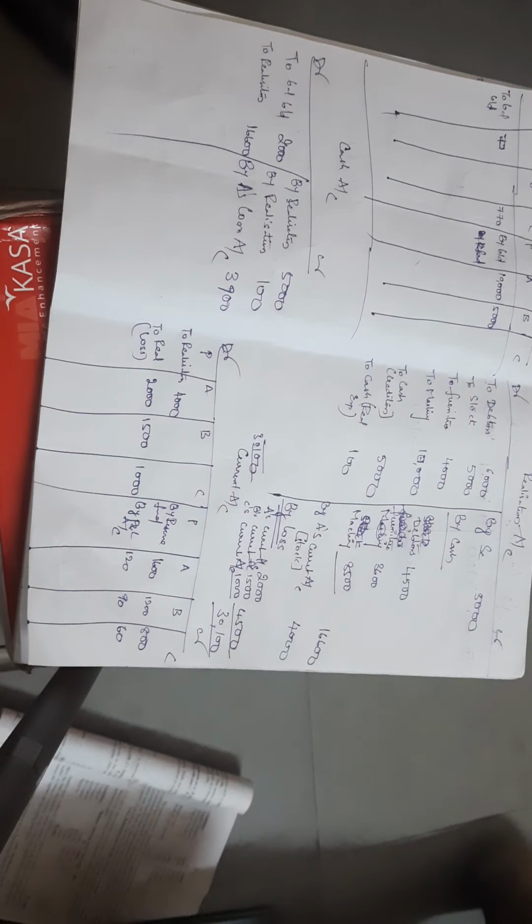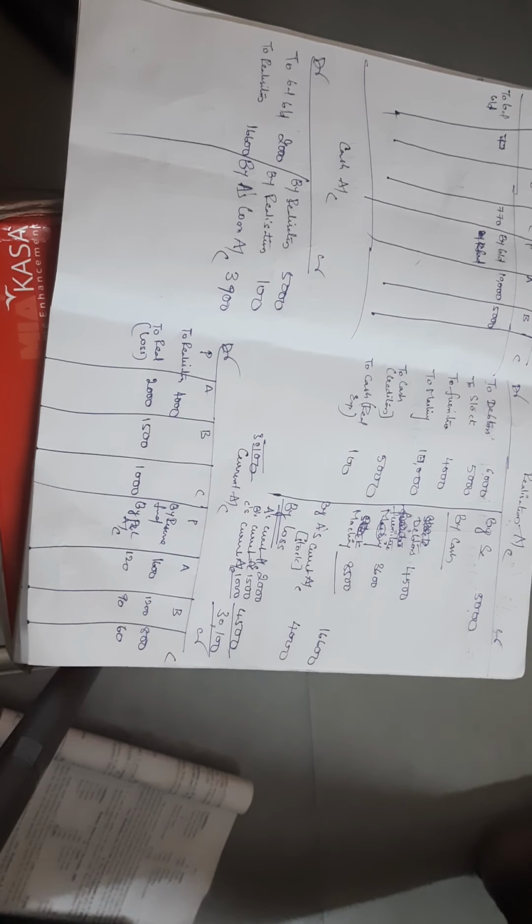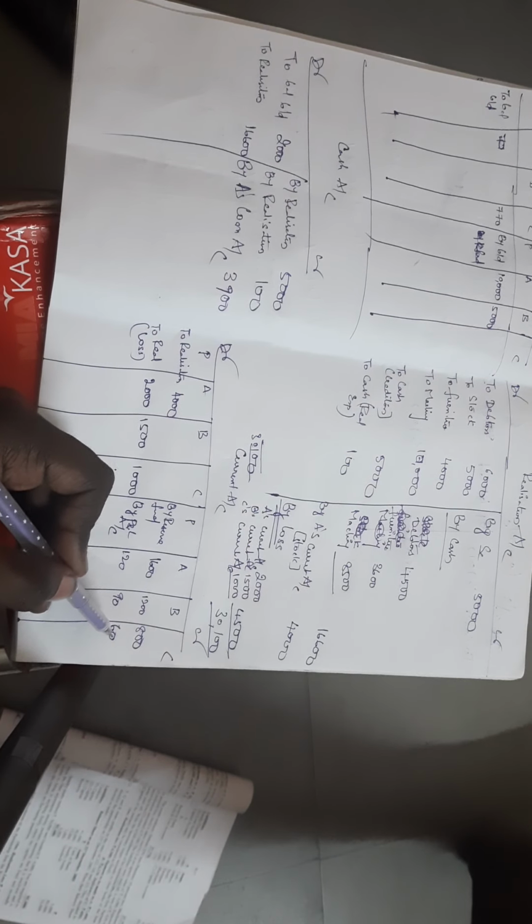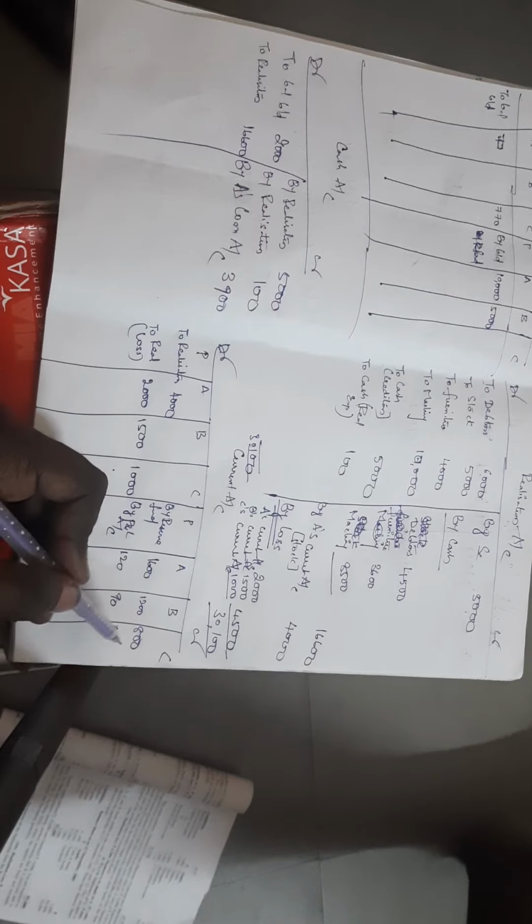Next step, listen carefully. We have to close the current account of the insolvent partner. Only the insolvent partner's current account we have to close, and we have to transfer this balance to the capital account. So first I am closing, we will see. 1,000 minus 860, it is 140.